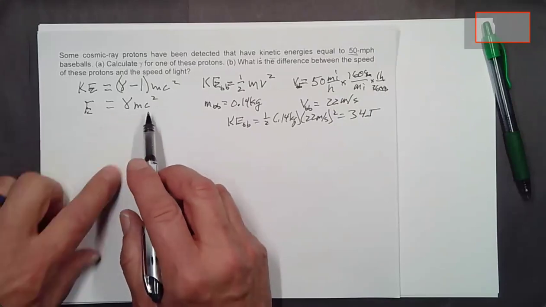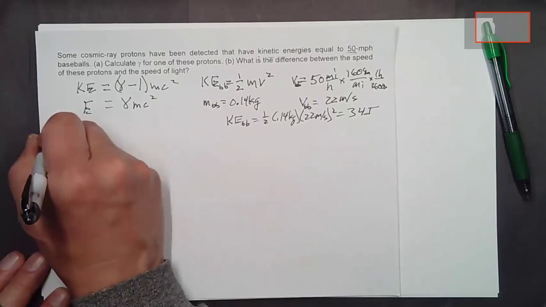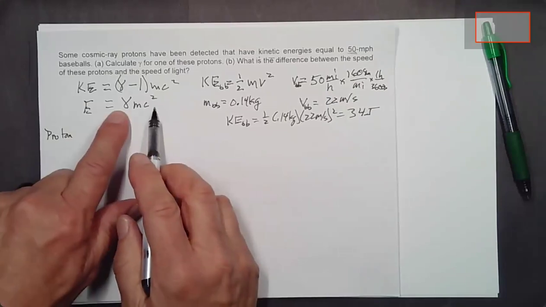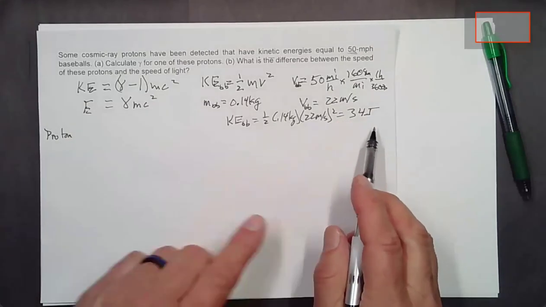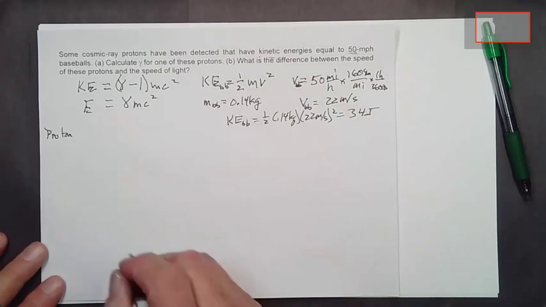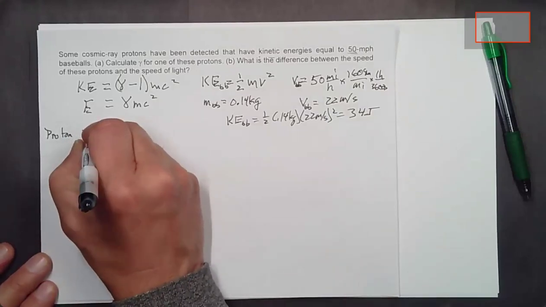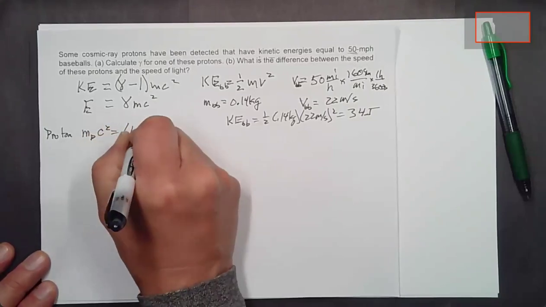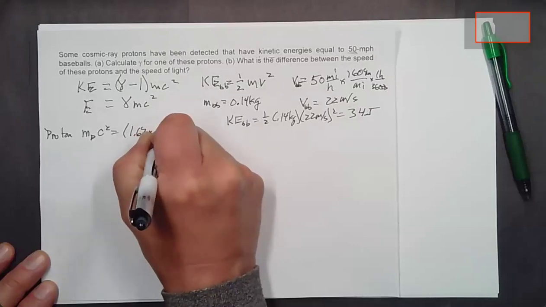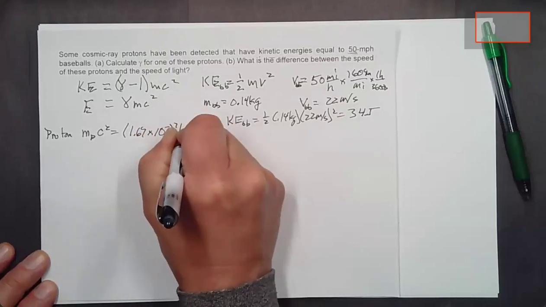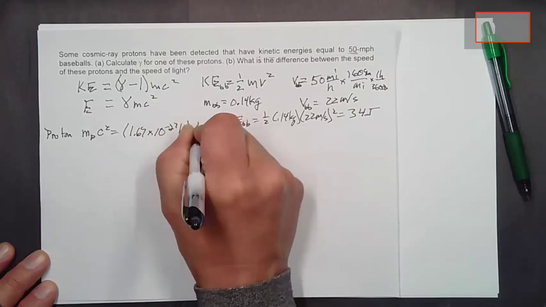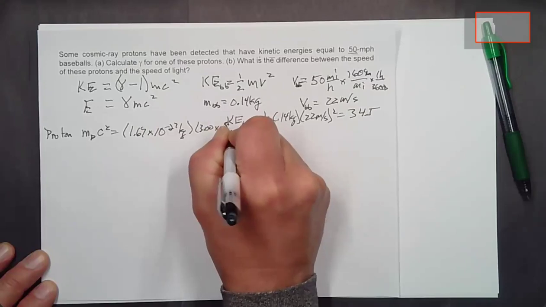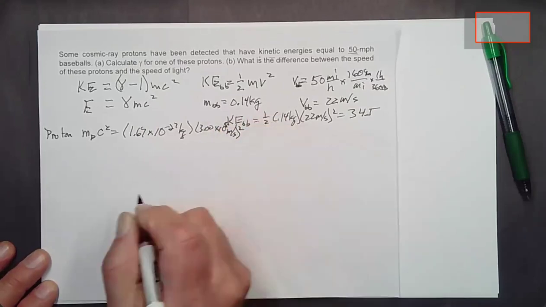Now we can figure out mc squared for a proton, and then we'll be able to set this thing equal to this thing and figure out what gamma happens to be. So m sub p c squared is going to be 1.67 times 10 to the minus 27th kilograms times 3.00 times 10 to the 8th meters per second, that's messy, squared.